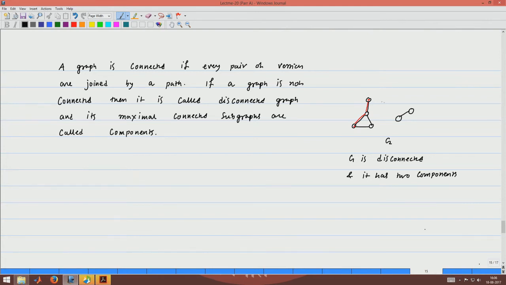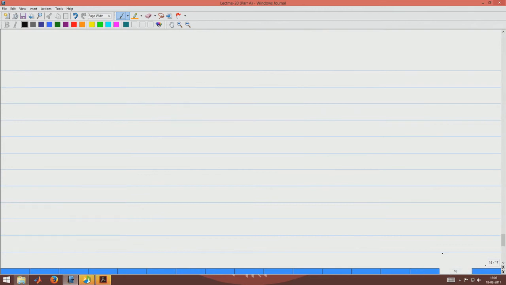This is one component, the maximal connected subgraph of this graph, and the other component is this one. So, if a graph is disconnected, then it has at least two components. Now, we talk about a result, theorem.